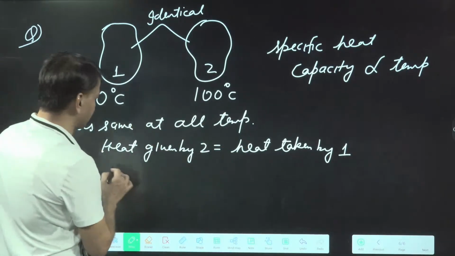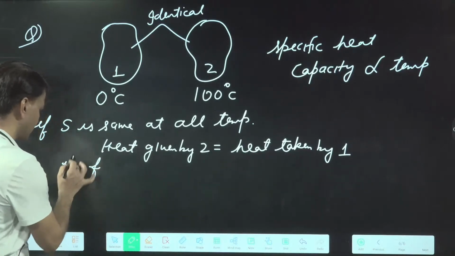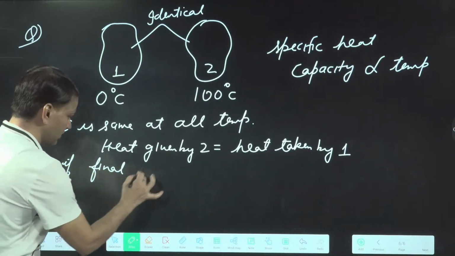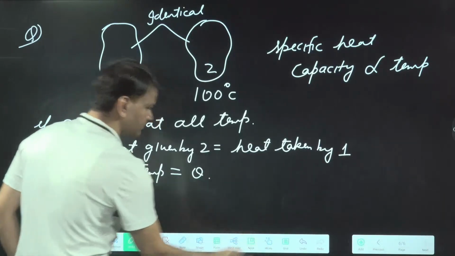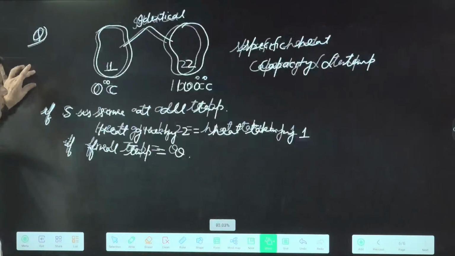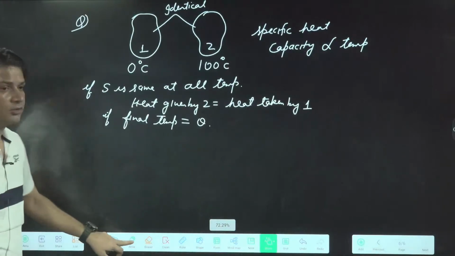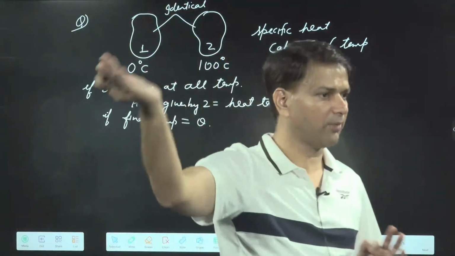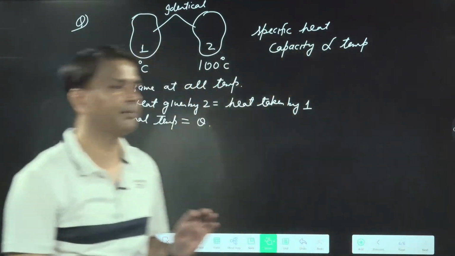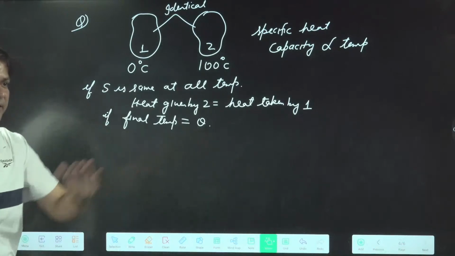Suppose the final temperature is theta. Body 2 will give the heat, going from 100 to theta. How much temperature change? Delta theta is 100 minus theta.